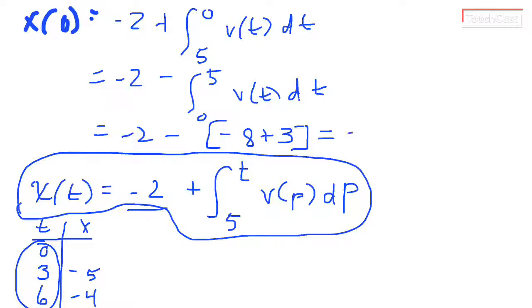This is going to end up being negative 2 minus negative 5. It's like negative 2 plus 5, which is a positive 3.